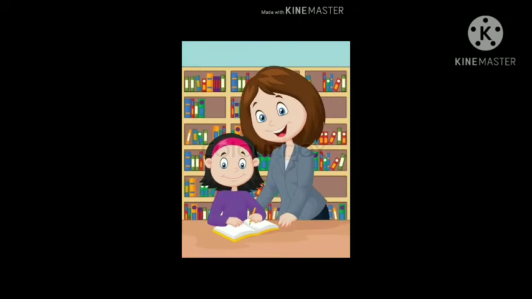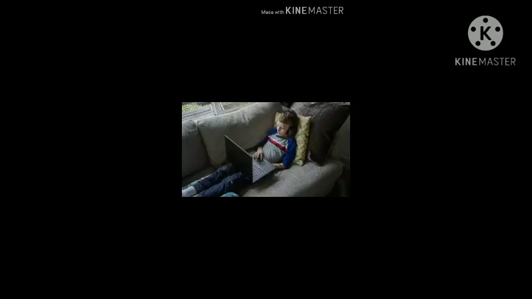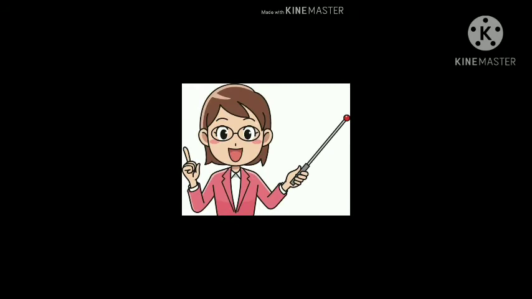You have to collect some simple but amazing experiments. For that, you can search in magazines, newspaper supplements, or on the internet. Collect any 5 or 8 experiments you like.